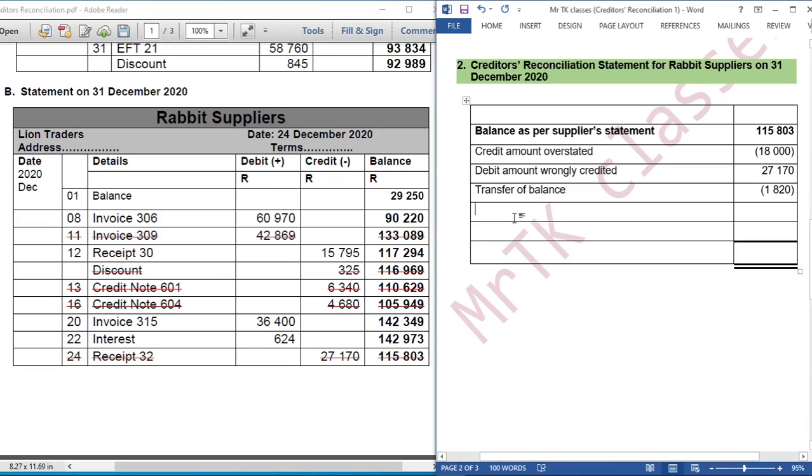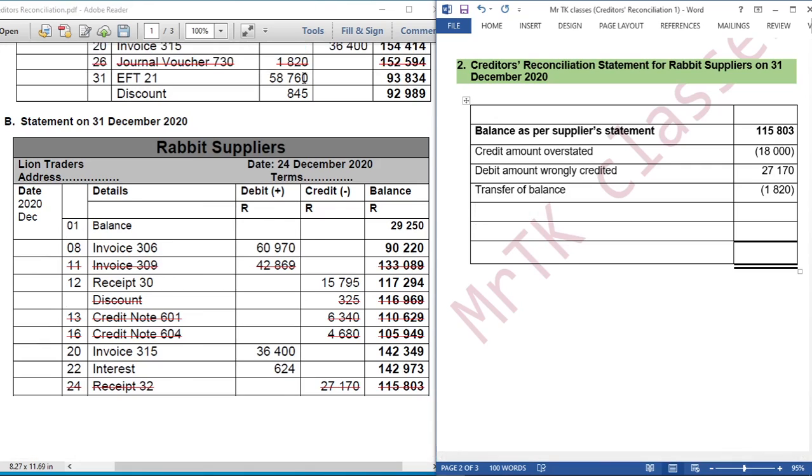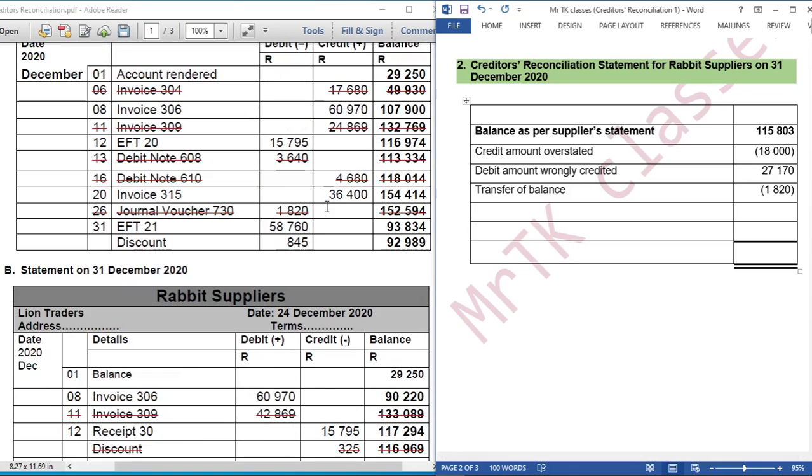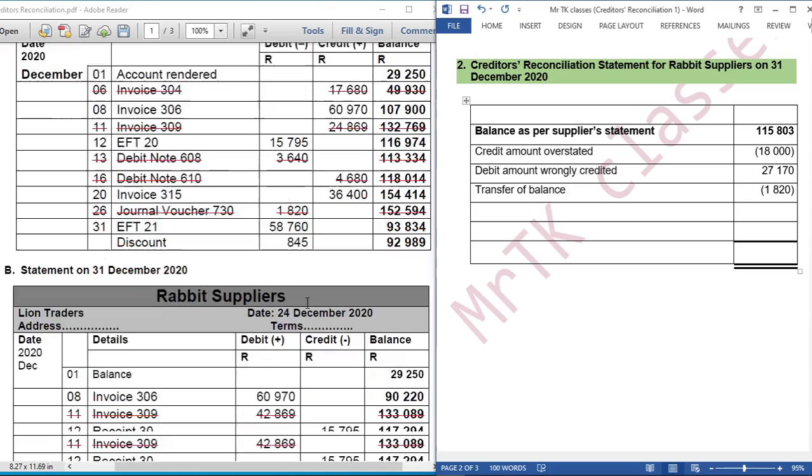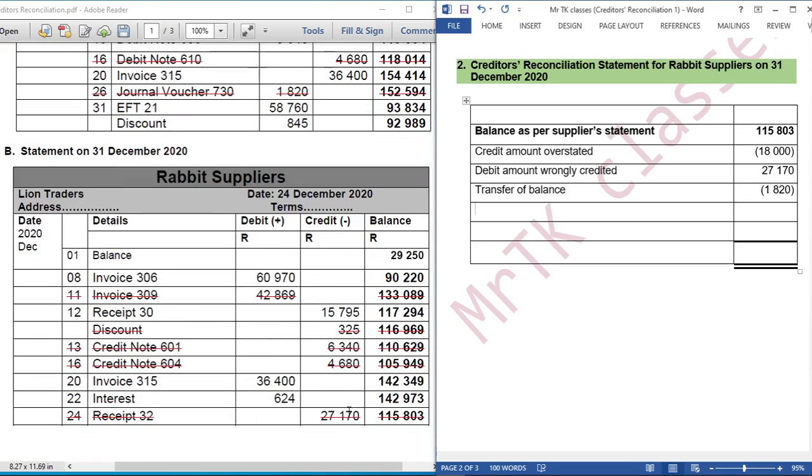So we are going to say this is a payment. A payment reduces the outstanding amount. That's why it is on the debit column here, and it should be under the credit column here. So we are going to say credit payment after statement date.